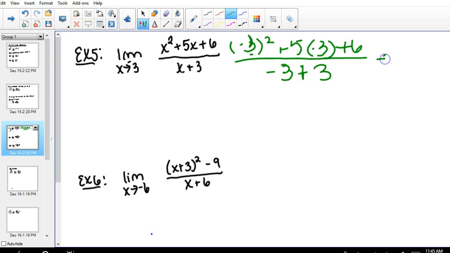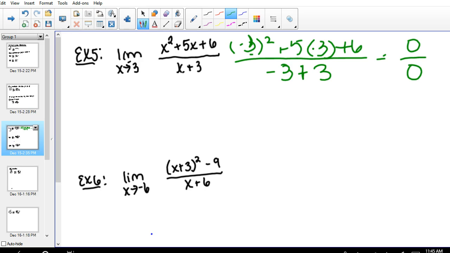On the top, you're going to have 9 minus 15 plus 6, which is going to give you 0. And on the bottom, you'll have 0. And 0 over 0 is called the indeterminate form. It tells us we can't determine anything about this.